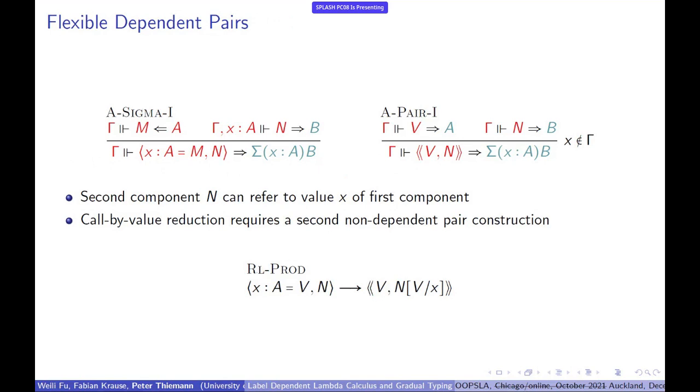So what do you do now? Because the N here is allowed to refer to this value of x. In call by name, you could just say, okay, well, you wouldn't even reduce that to a value. If you have a dependent pair, you would say, fine, this is a value, I'm not touching the components. In call by value, you don't have that choice, so you need to evaluate it.